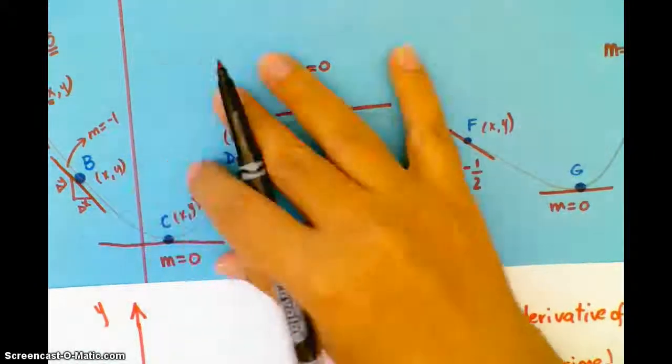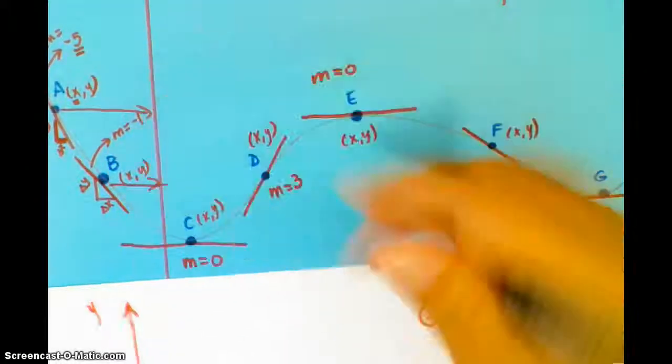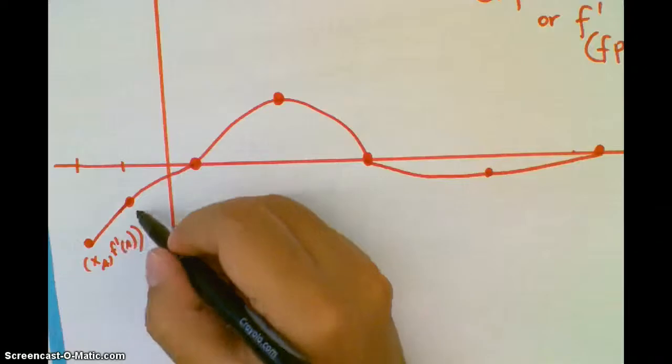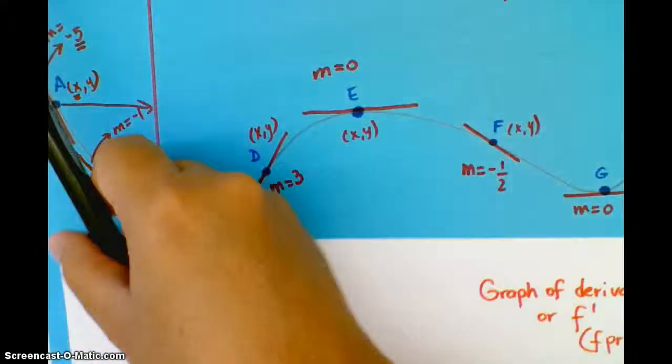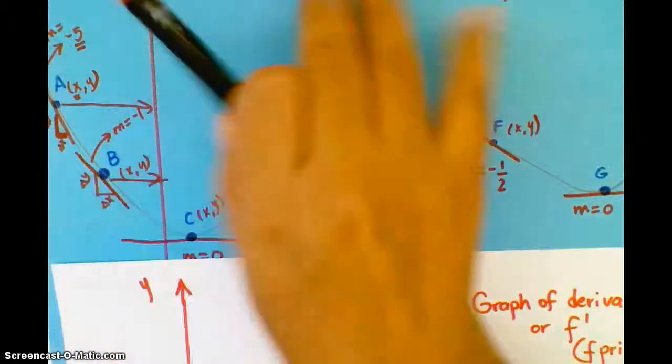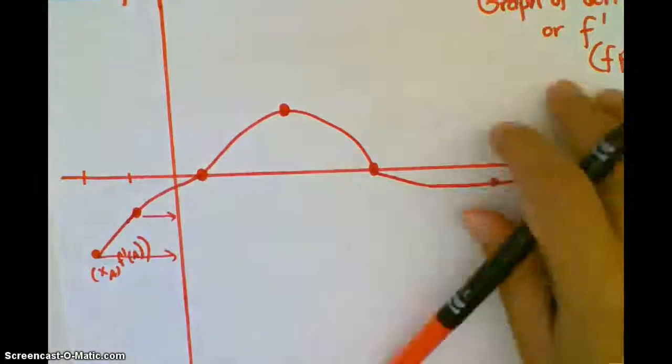For example, all the y values for points A and B are positive. It doesn't mean the y values in here are going to be positive. You have to see what is the rate of change in this area. The rate of change in here is a negative value, so you know that the y values for f prime are going to be negative.